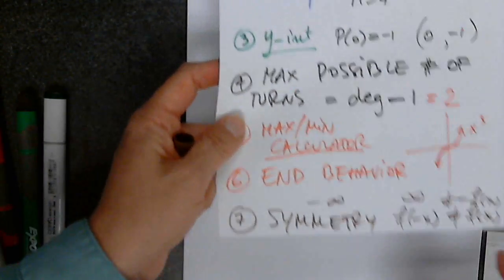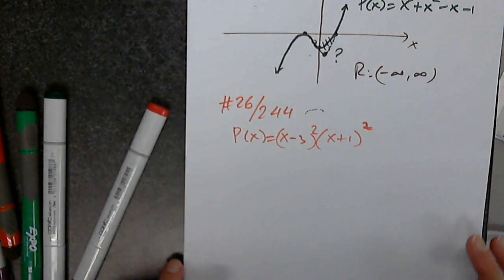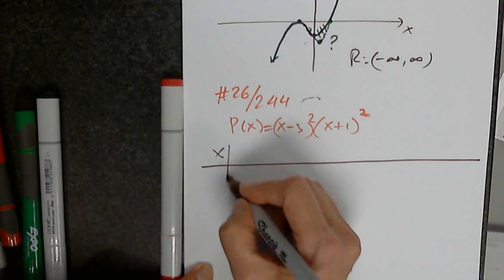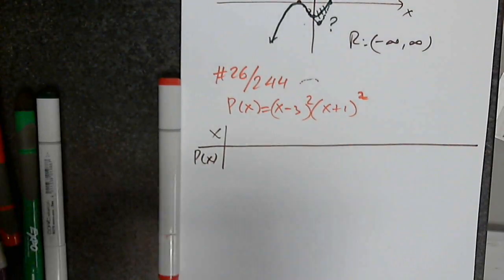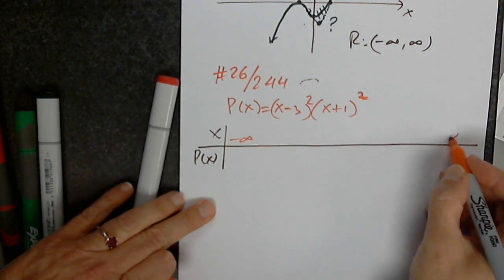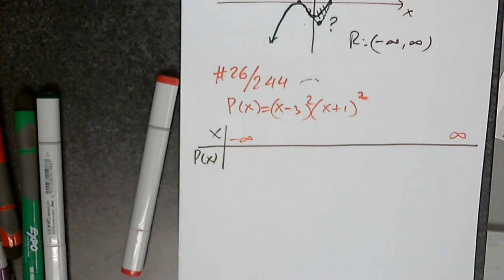It's important to know. Okay, so quickly, I get my chart going. I don't have to talk that much. And domain, please. Excellent. Good. X-intercepts and multiplicities.